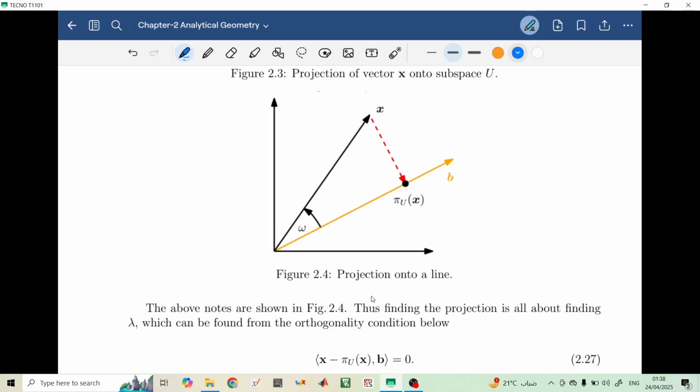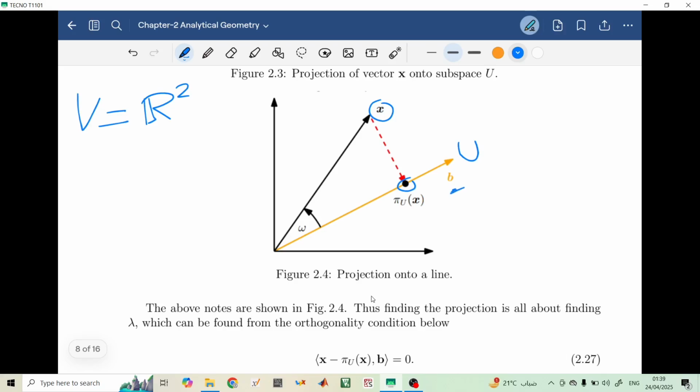What is the main vector space? V. V is R squared, right? This is the 2D plane, and we want to project it onto this subspace U, which is the line. Okay, how do you do this projection? We find the closest distance between x and its projection. So you can think about it, it's actually the shadow of x on the vector b.